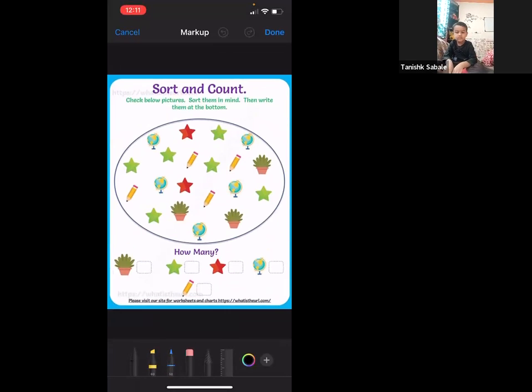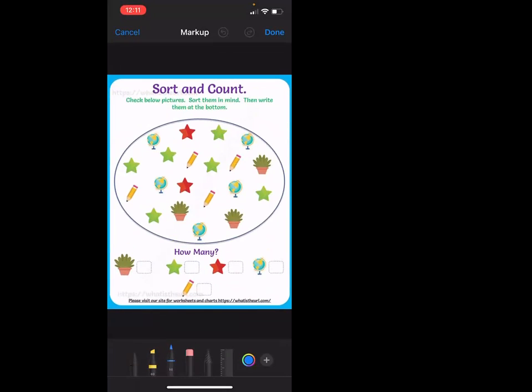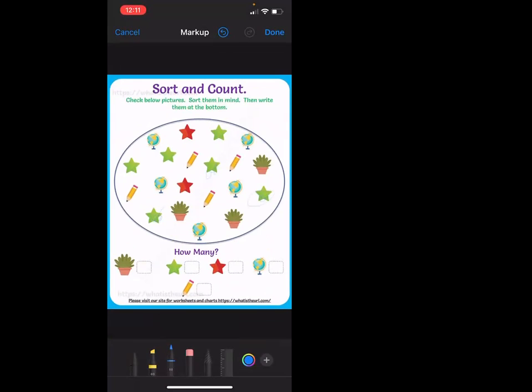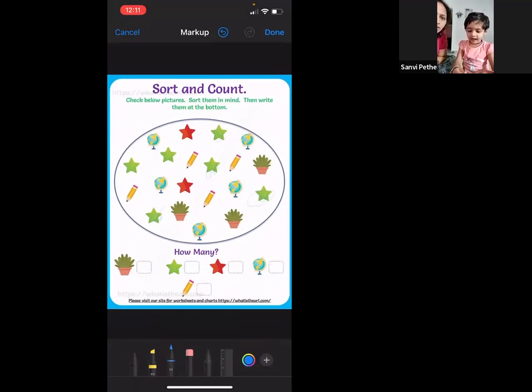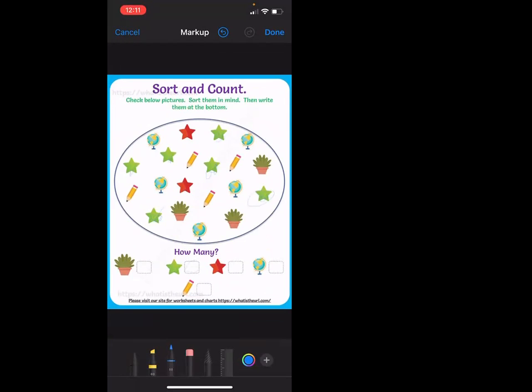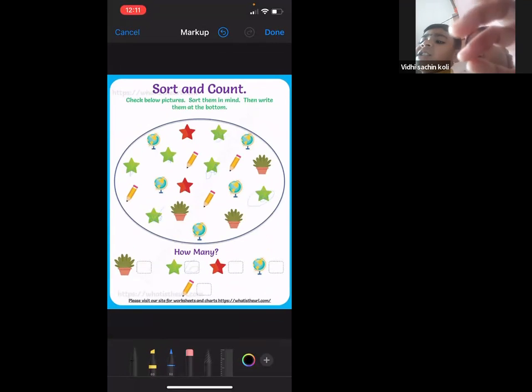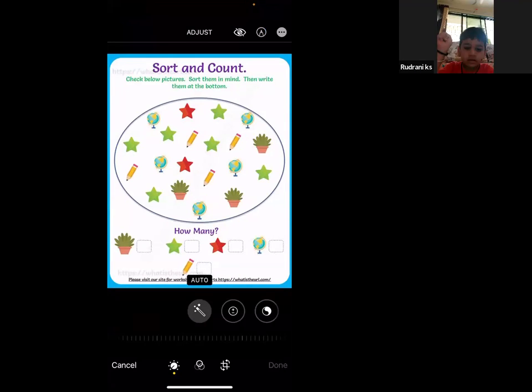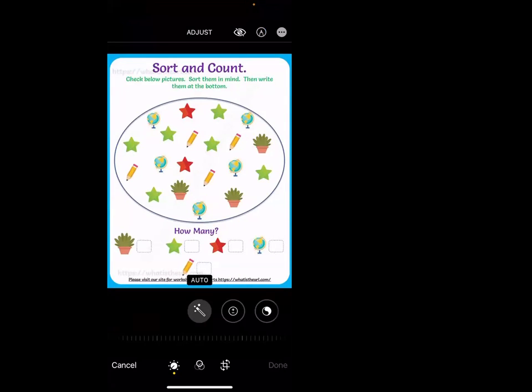How many stars are there? Green stars: 1, 2, 3, 4, 5, 6. So what will you write here? Number 6. Very good. 6 green stars.